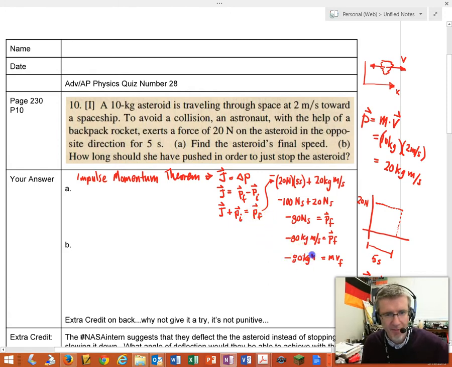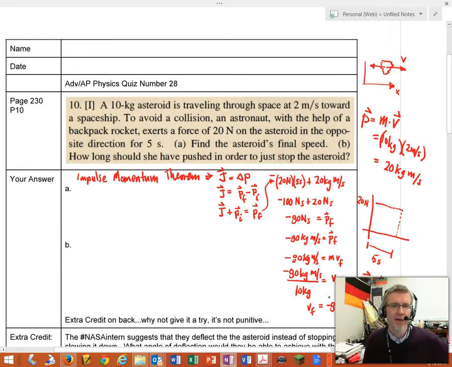Then if I divide minus 80 kilogram meters per second by the mass of the asteroid, 10 kilograms, I should get that the final velocity is minus 8 meters per second.